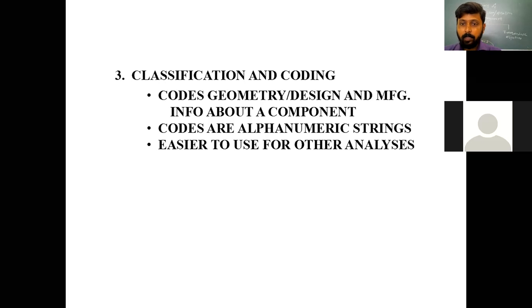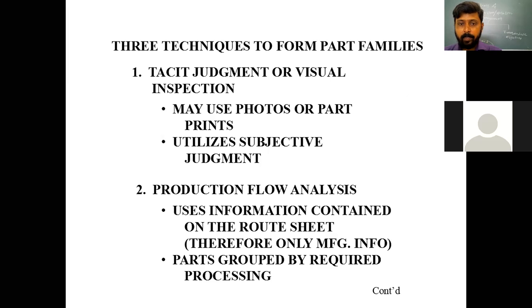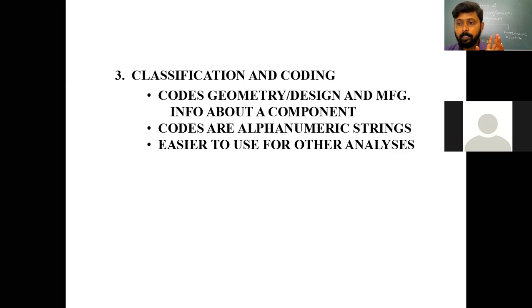Okay, so these are the three steps or three classifications by which we are going to apply group technology. Let's remind again: visual inspection, production flow analysis, and classification and coding. These are the three things you should keep in your mind.